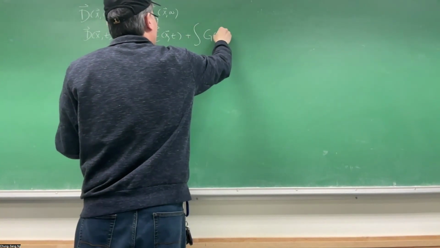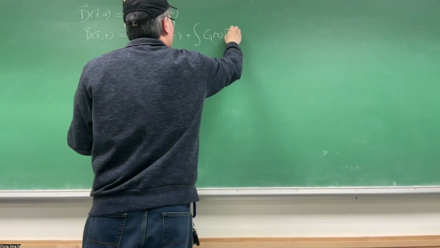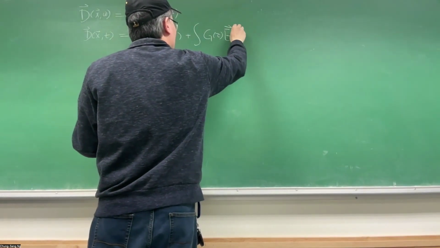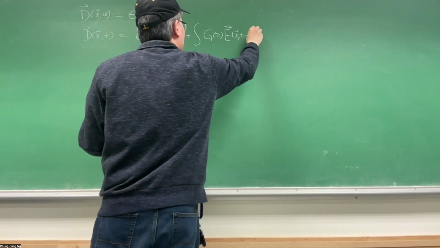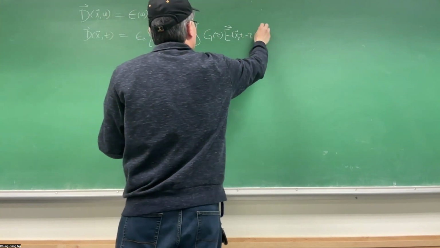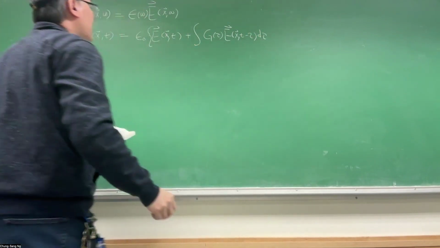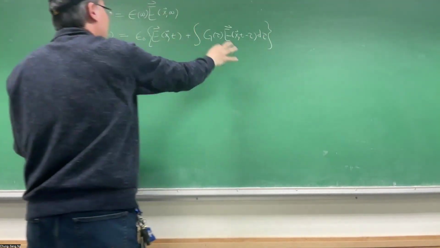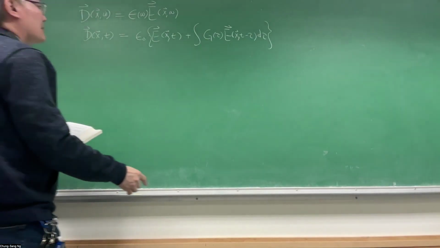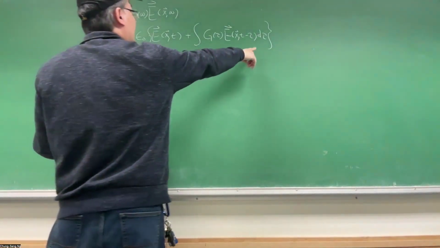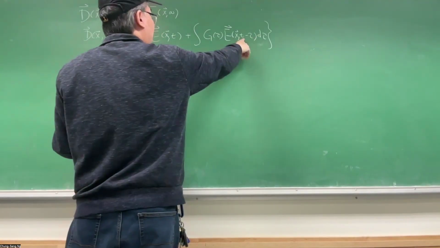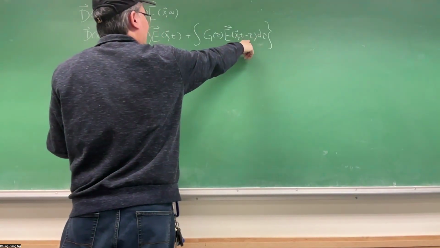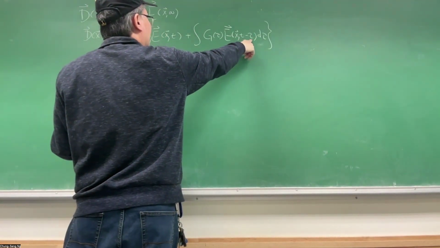There's a function G of tau. So this is like the inverse Fourier transform, right? Because it involves integration over time, but it's a change of variables with t minus tau.